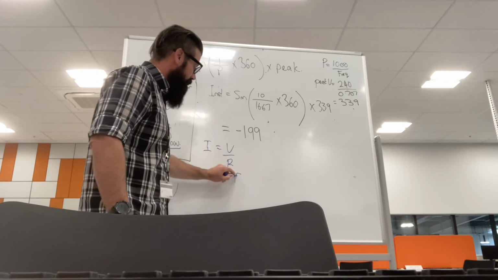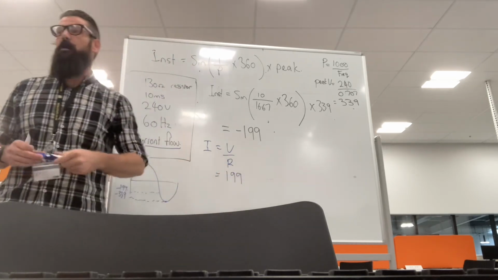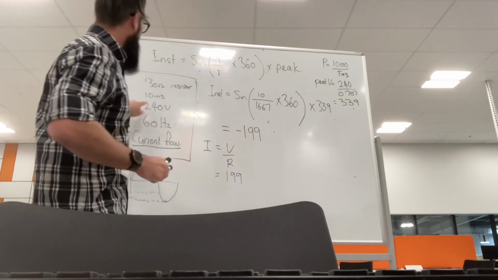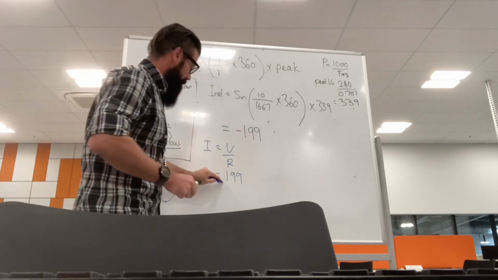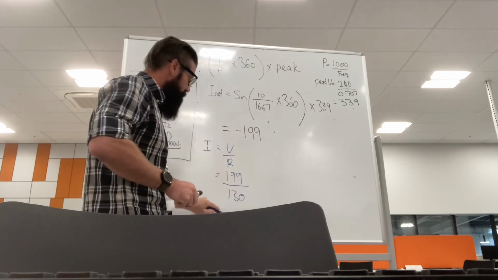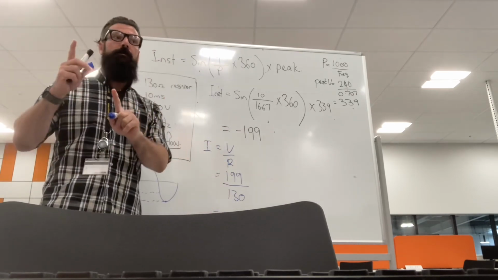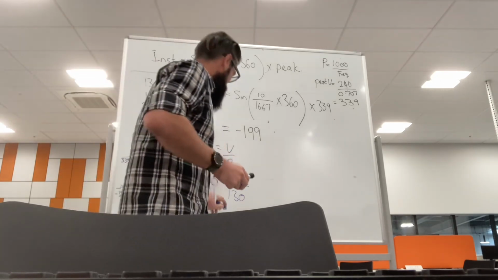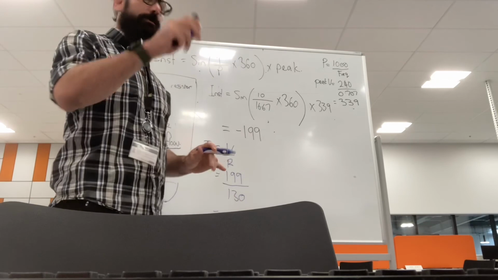We'll just use 199, it doesn't matter. We don't have to worry about the negative. We're just going to use 199 volts, and our resistance is 130 ohms. So it's 199 divided by 130, which equals 1.53. We won't worry about the negative, we'll just erase the negative.